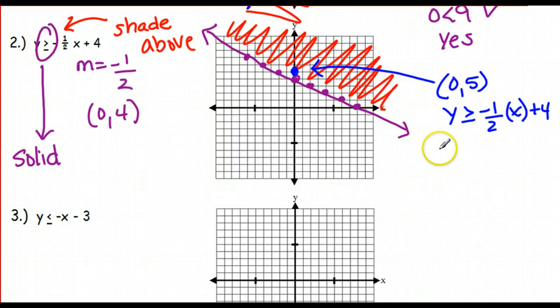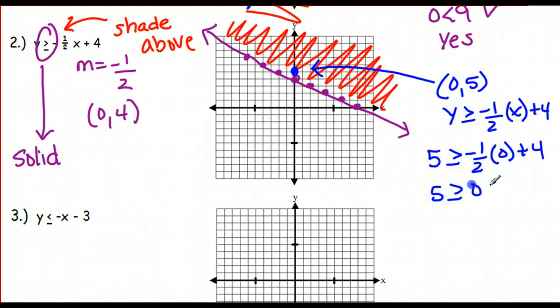And let's plug in. So y is 5, greater than or equal to -1/2 times 0 plus 4. Anything times 0 is 0. 0 plus 4 is 4. So is 5 greater than 4? It is. And if you notice, the point we picked is in the solution region, so it was important that it should create a true statement.